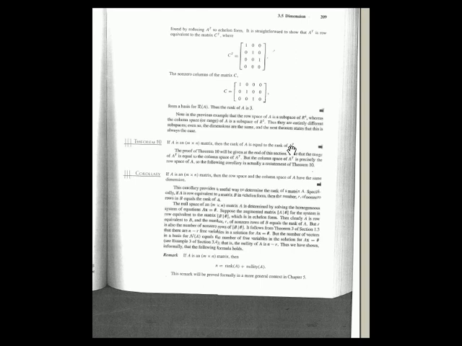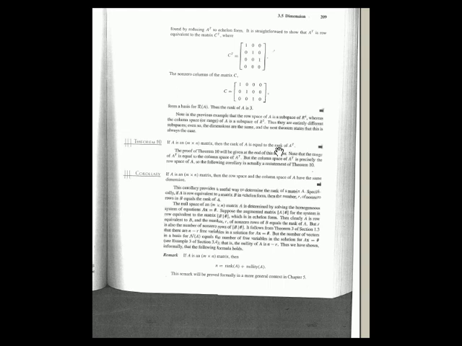The row rank is the dimension of the space spanned by the rows. The column rank is the dimension of the space spanned by the columns. And it's kind of surprising that they're always the same. They're not even subspaces of the same Rn. The space spanned by the rows is a subspace of Rn, where n is the number of columns, whereas the space spanned by the columns is a subspace of Rm, where m is the number of rows.